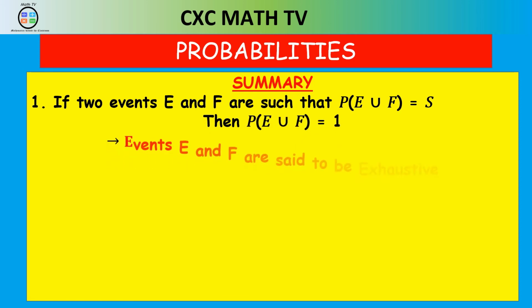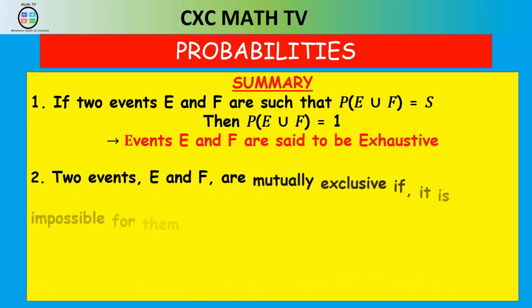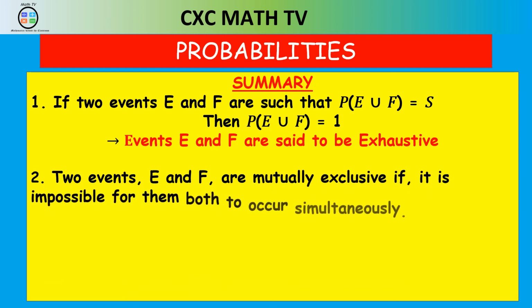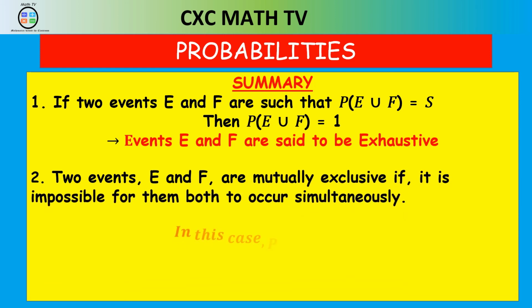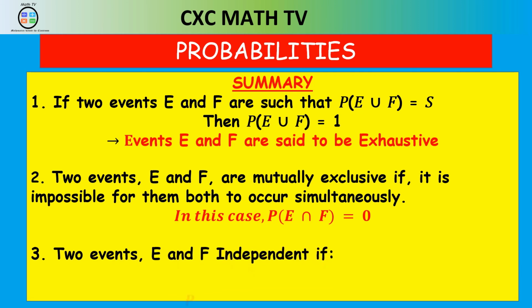Now, if two events E and F are mutually exclusive, then that means that the probability of E intersect F is 0, because mutually exclusive means both of them cannot occur at the same time. It's impossible. And finally, two events E and F are independent if the probability of E intersect F is equal to the probability of E times the probability of F.